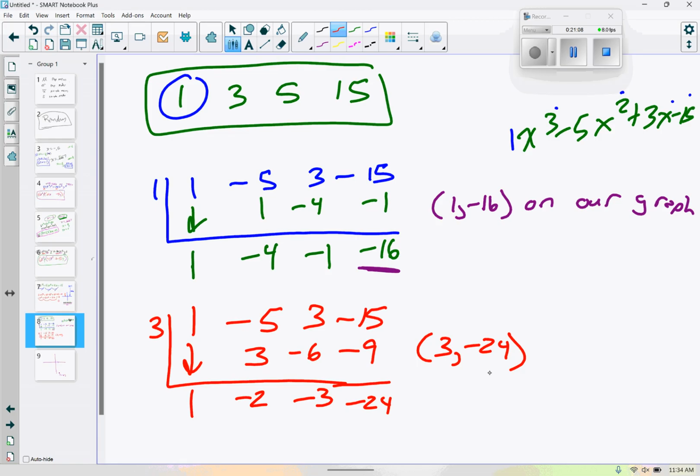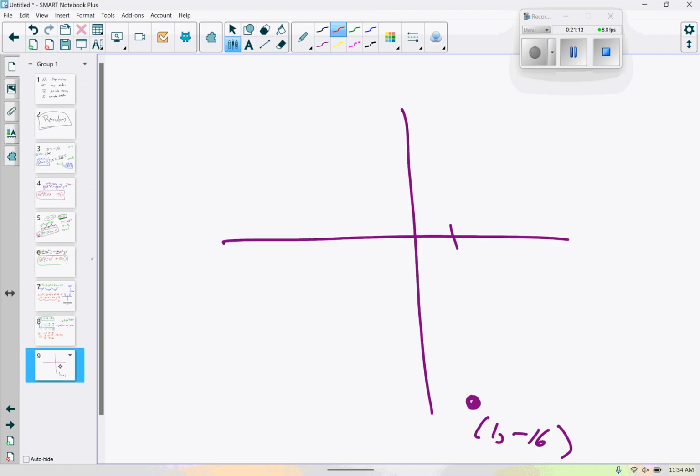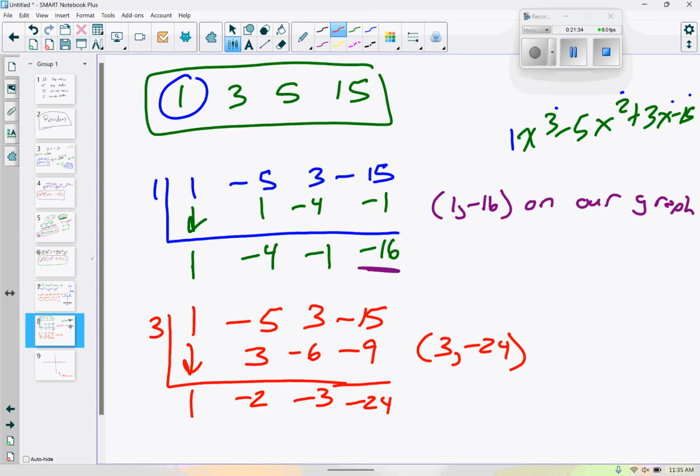Is that a solution? Well, 3, negative 24 is like down over here in the world of pretendness. Is that where it crosses the x-axis? No. Is our graph increasing or decreasing at that point? I don't know. There could be an infinite amount of possibilities we went through, but we're not sure. So we're going to go back.